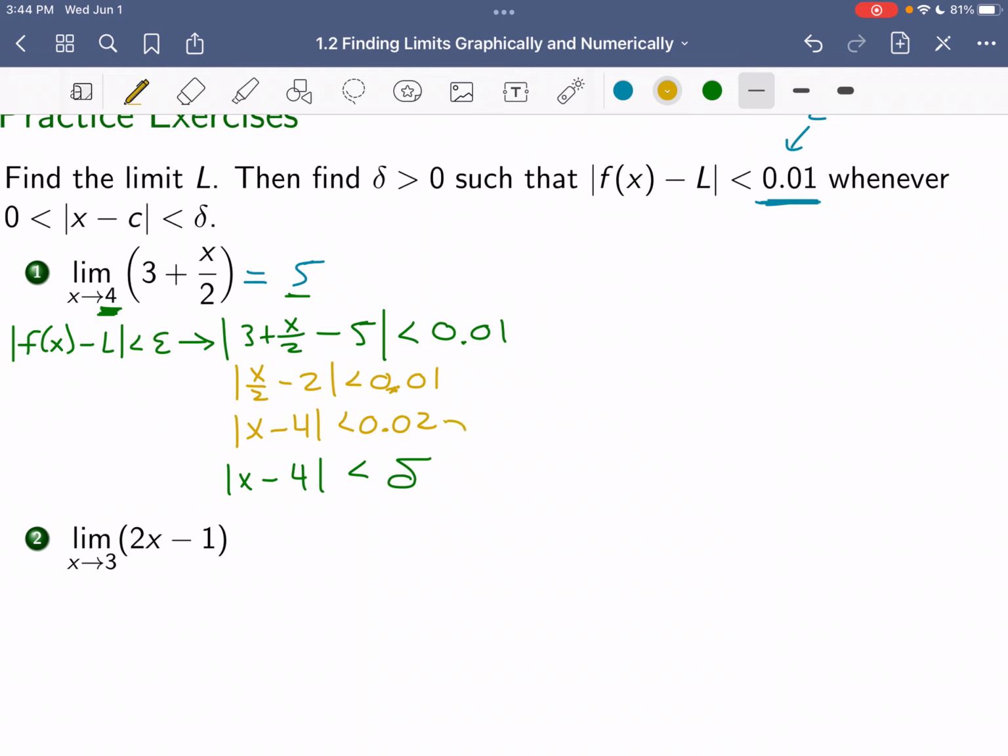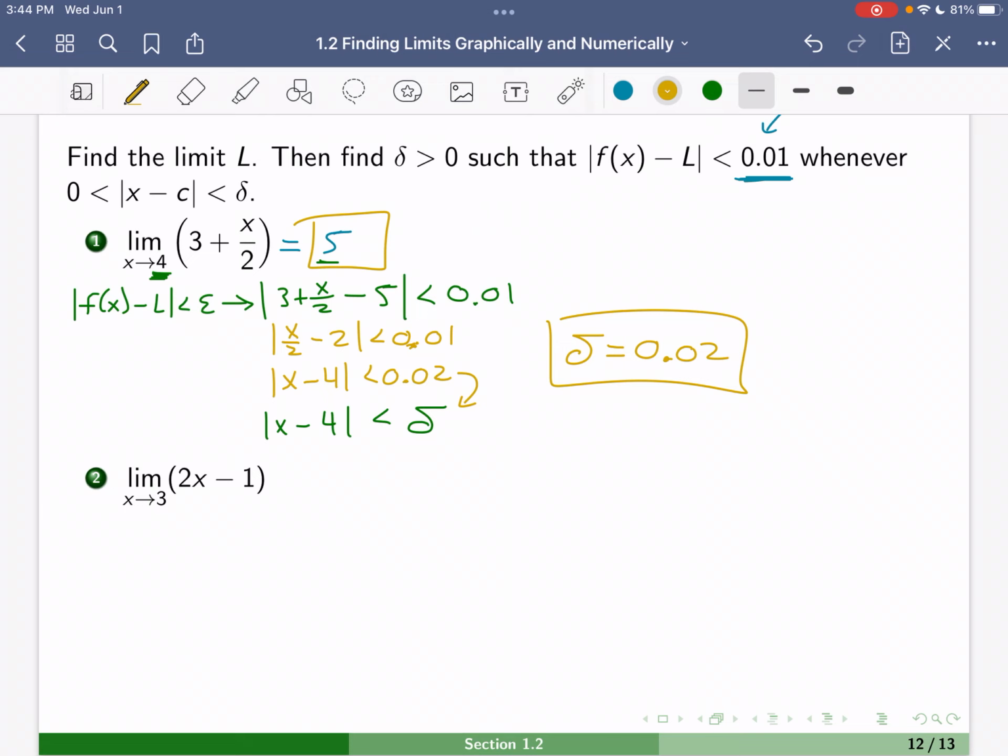So our value of delta is 0.02. And our limit was 5 itself. Great. So there we had started with a value of epsilon. We figured out the value of delta.